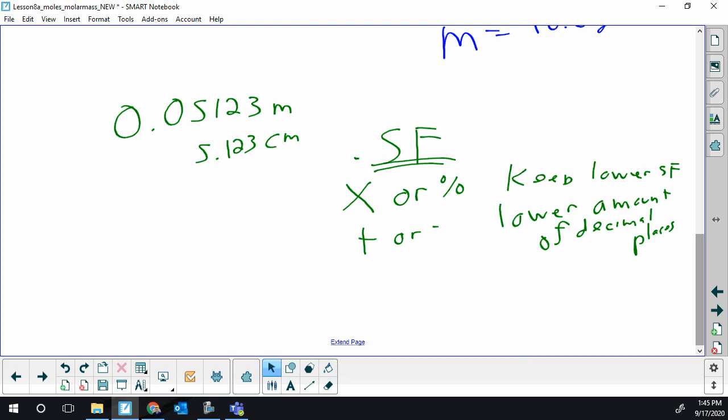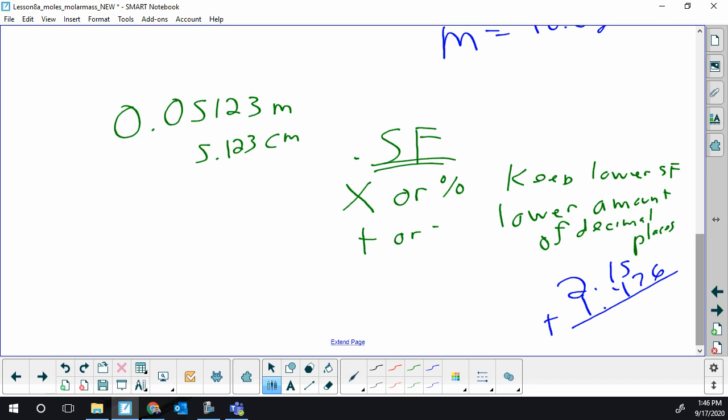So if I was adding 2.15 to 1.476, you just want to keep the one that has the lower amount of decimal places. That's how many places you'll keep when you round in your answer.